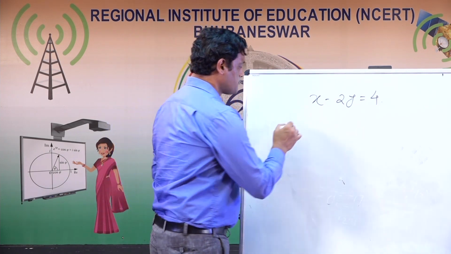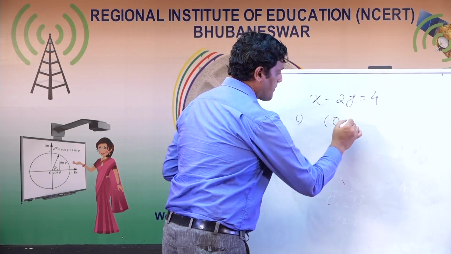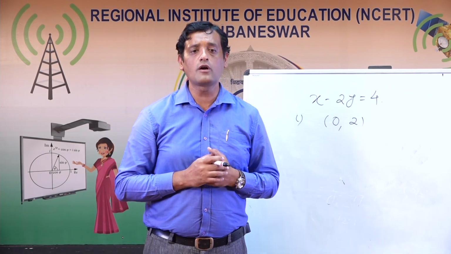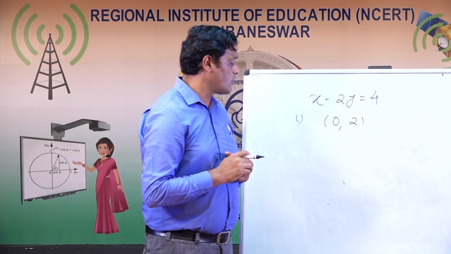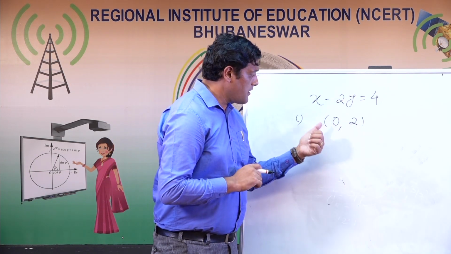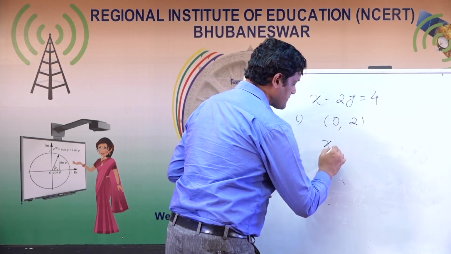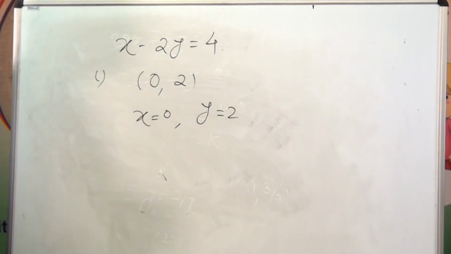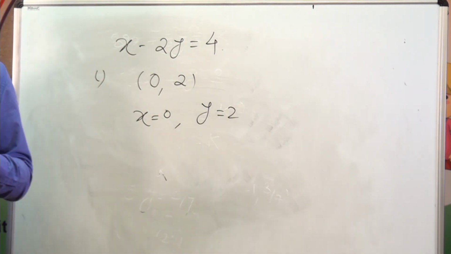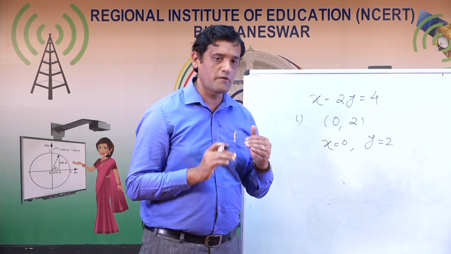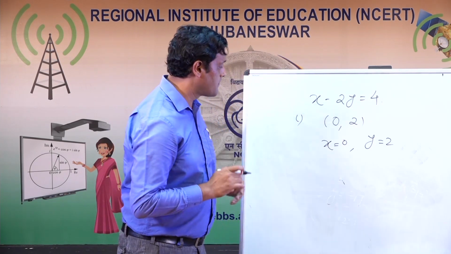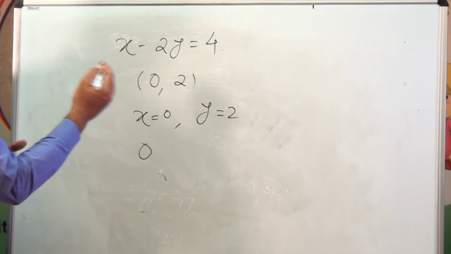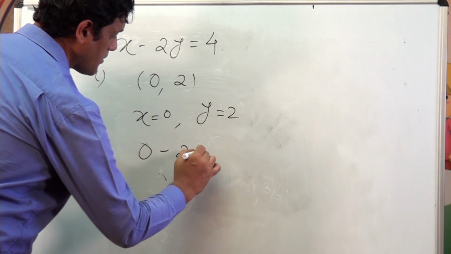So let's go with part 1. Our part 1 is 0, 2. If 0, 2 is a solution, let us cross check. How to cross check? We see here the x value is 0 and the y value is 2. As we have learned, the first position is for x and the other position is for y. So wherever we have x, we put 0, and wherever we have y, we put 2, minus 2 into 2.